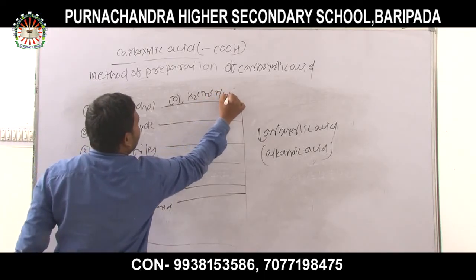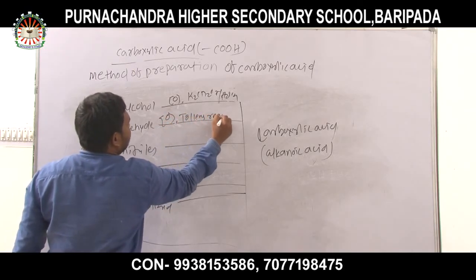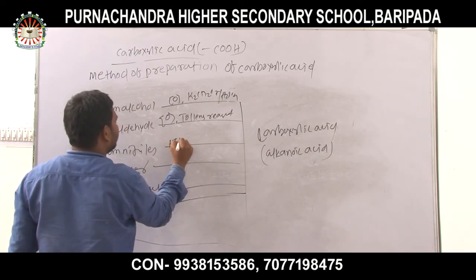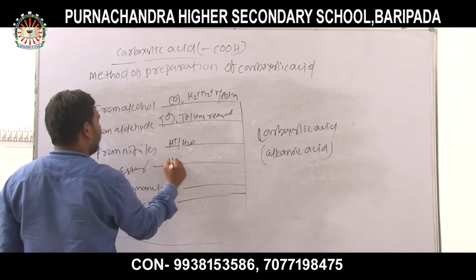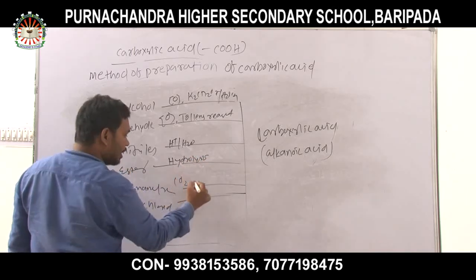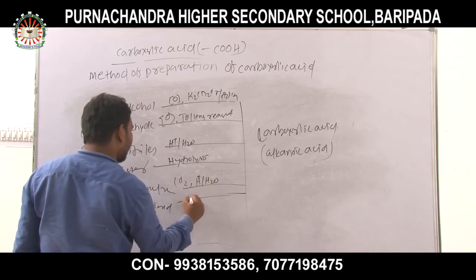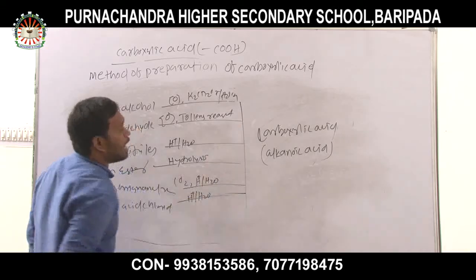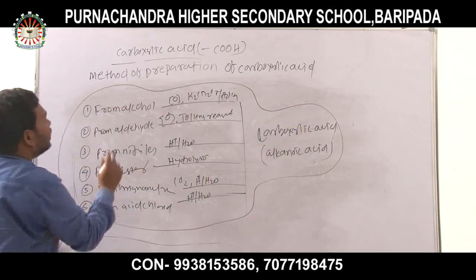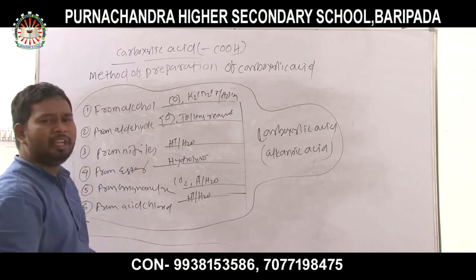Aldehyde undergoes oxidation in presence of Tollens reagent; nitriles undergo acid hydrolysis; ester undergoes hydrolysis; Grignard's reagent reacts with carbon dioxide along with acid hydrolysis; acid chloride undergoes acid hydrolysis, then carboxylic acid can be formed. It is the easiest method, a trick by which you can find very easily how carboxylic acid can be prepared from the following sources.